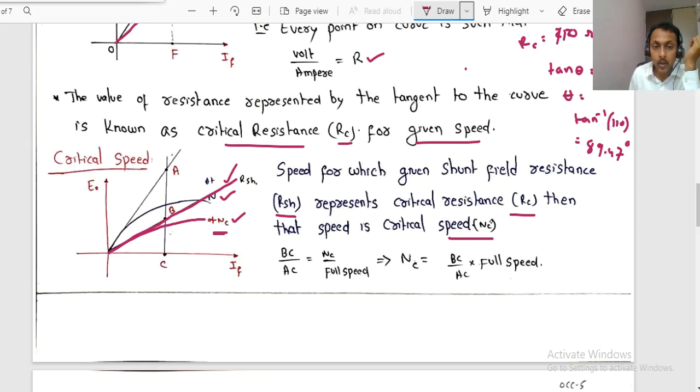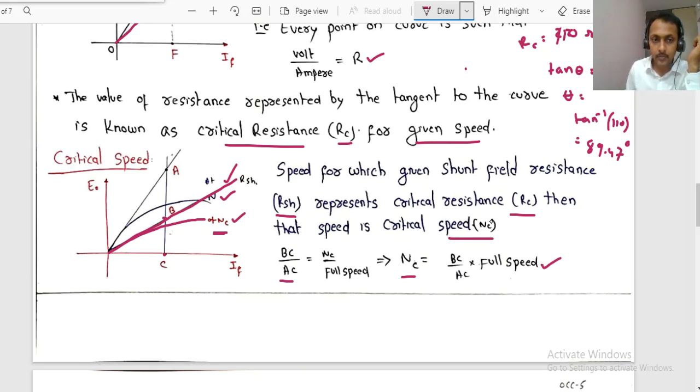BC by AC is equal to NC by full speed, where NC is the critical speed. So NC will be equal to BC by AC into full speed. That represents the critical speed.